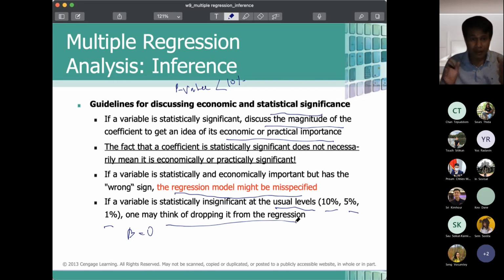You remember when there is a collinearity issue, variance is large, standard error is large. When standard error is large, t is small, right? Because t equals coefficient divided by standard error.